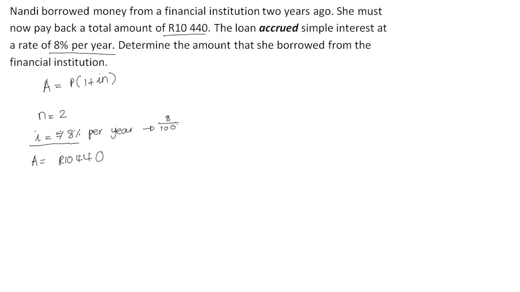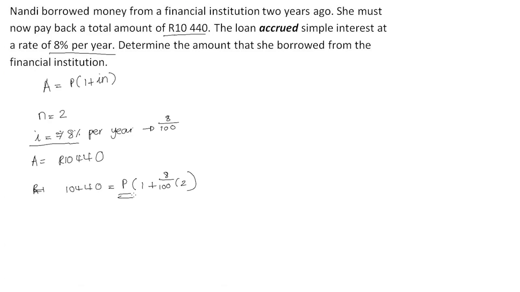Now that we have these values, we can then go ahead and substitute them into the formula. The variable that we need to calculate is P.